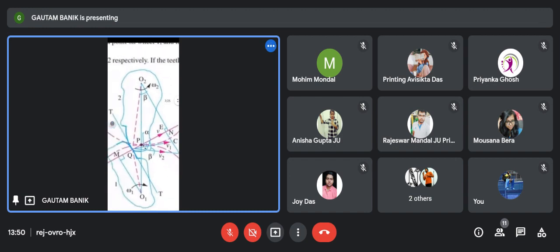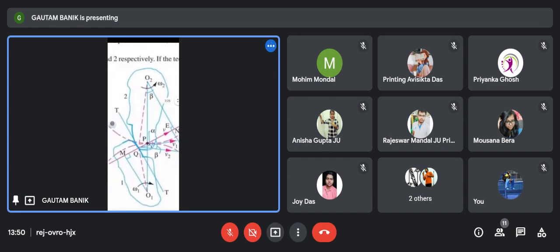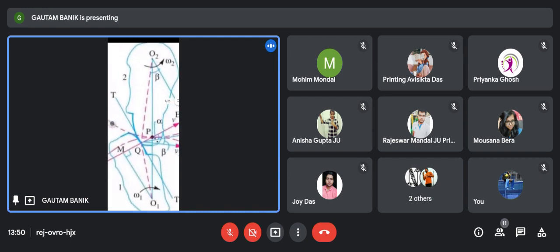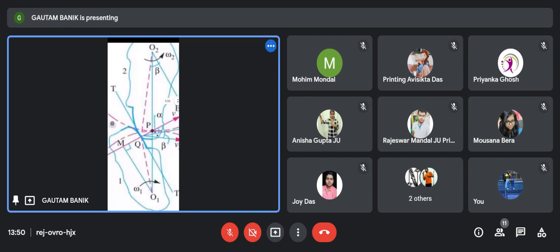And when two gear teeth are meshing together, this is shown in blue color. The point of contact of the two teeth is Q, and we draw a tangent TT.